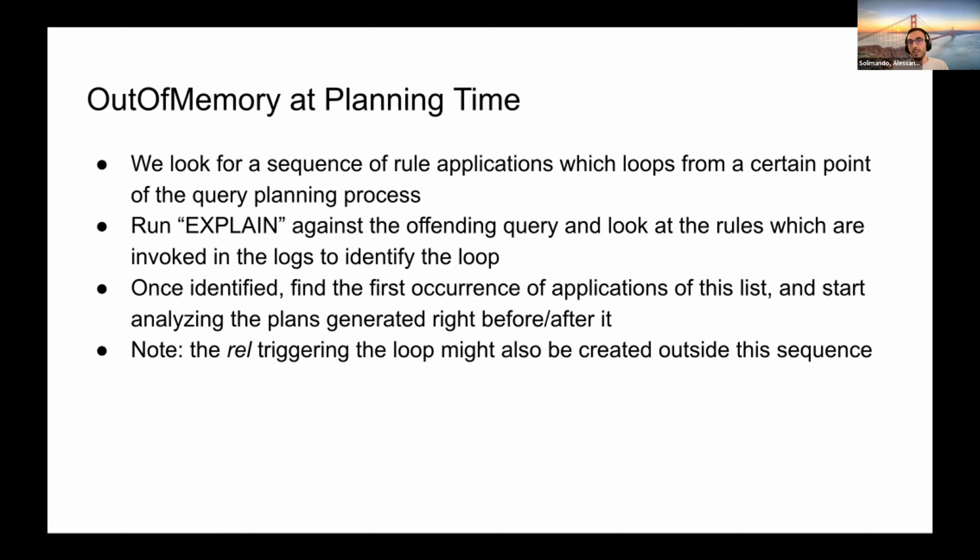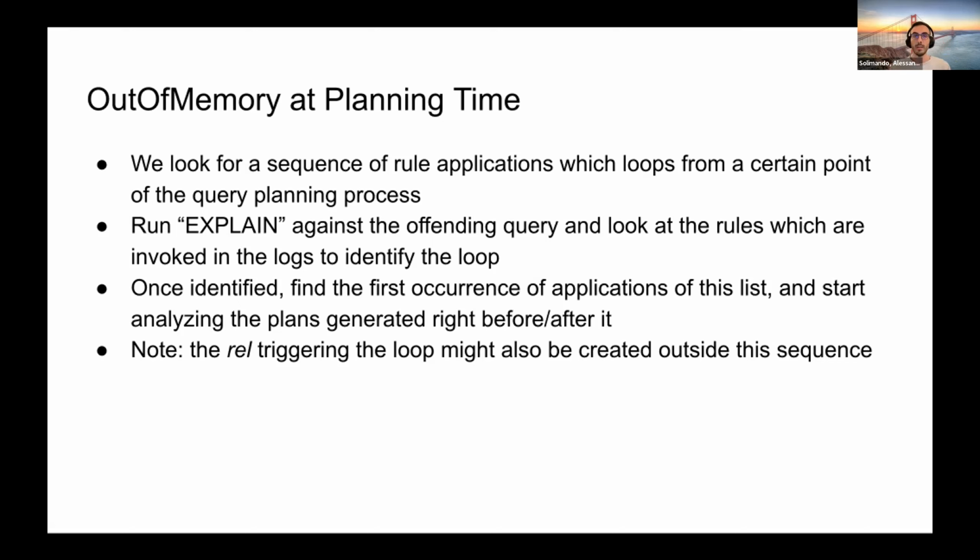Usually it's pretty simple to see it, really visually. When you have this list, you want to find the first occurrence of the looping rules. And the most natural thing to do is to start analyzing the plans that were generated right before and after it to see if something is already off.